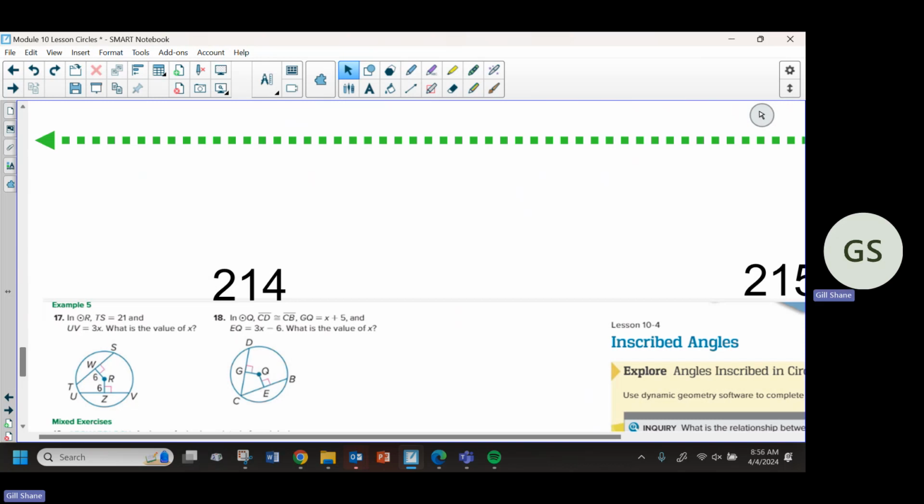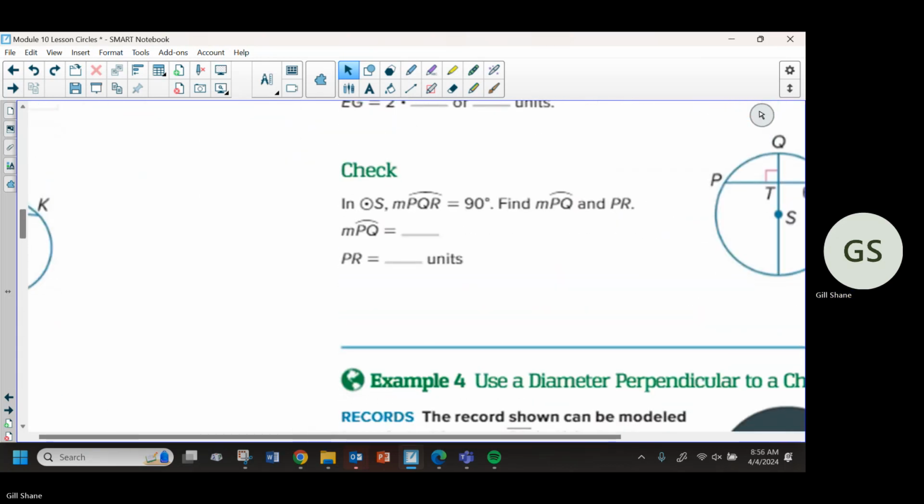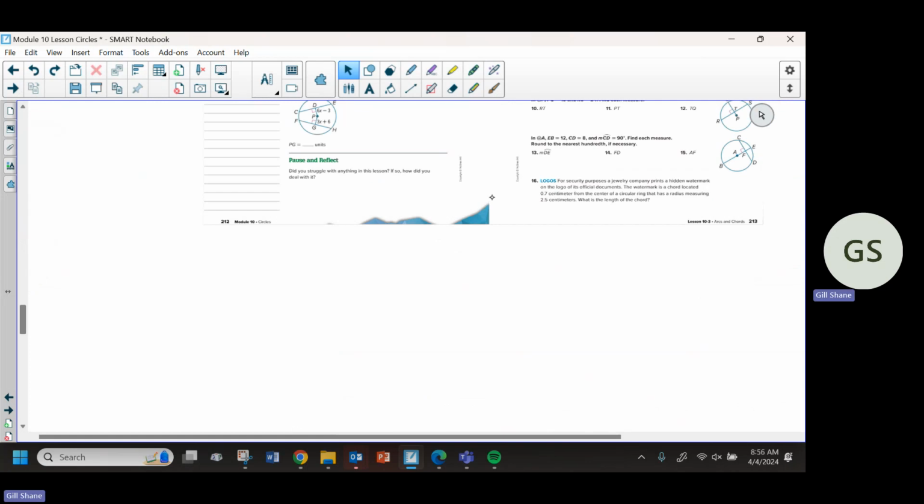And hopefully you wrote down the other thing I had up, page 205, 206. I'm going to go back and show you. Remember, it's recorded also. Oh, 205, 206.